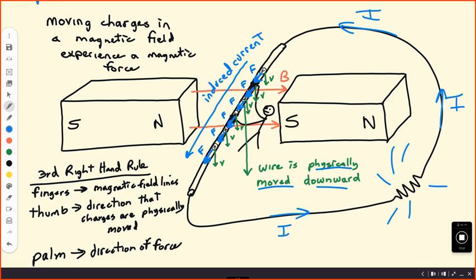This whole process of producing electricity by physically moving a wire is known as electromagnetic induction.